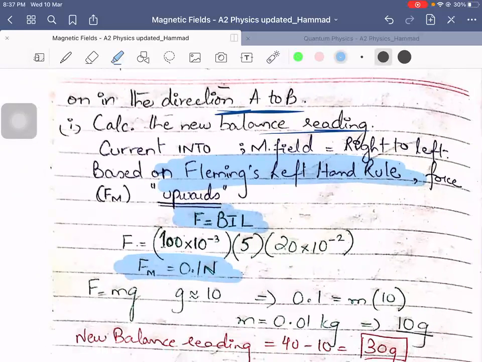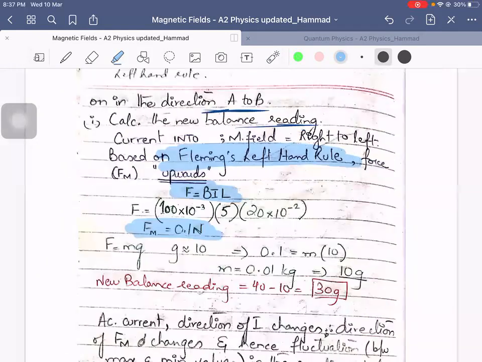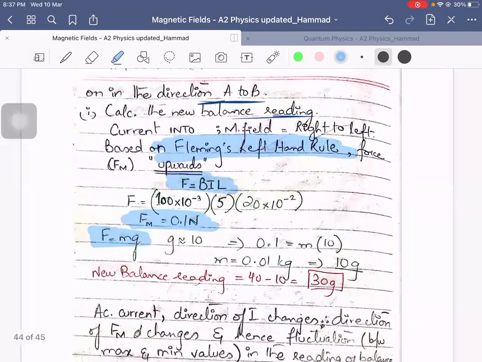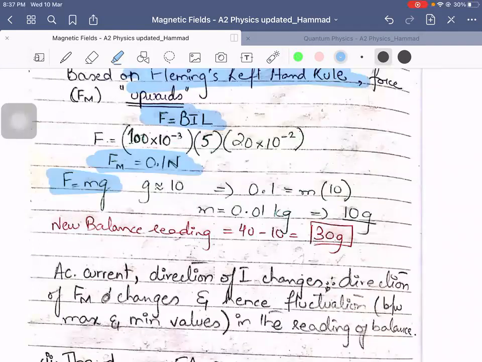The magnetic force is in the upward direction. The weight of the wire is in the downward direction. So technically you will subtract the two values. Weight of the wire approximately comes out to be 10 grams, right? I'm assuming g to be approximately 10 meter per second squared for my ease of calculation.